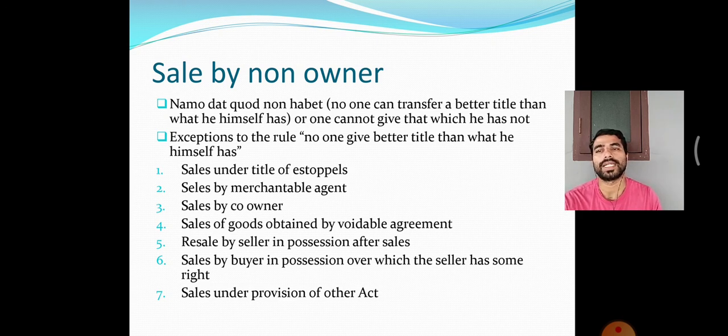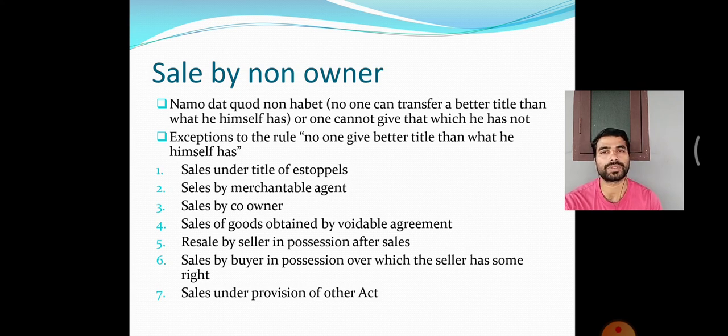Then, sales under provision of other acts. There are so many other acts where the seller can, and sales can be done even though you are not the owner. One example is under the Contract Act, if the pawnor and the pawnee default in payment of rent or default in payment of interest or something.